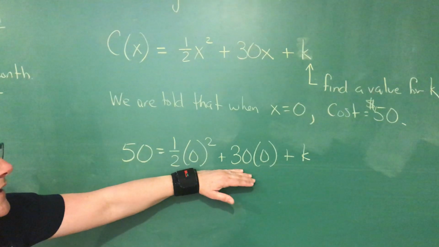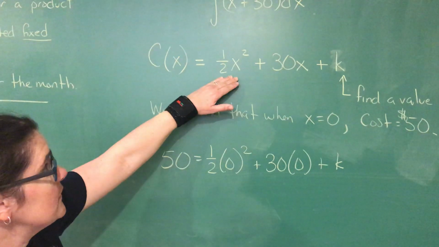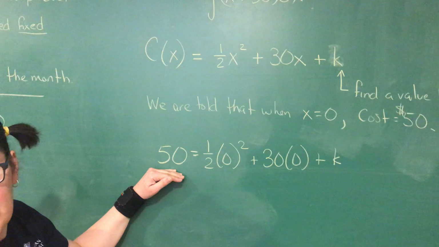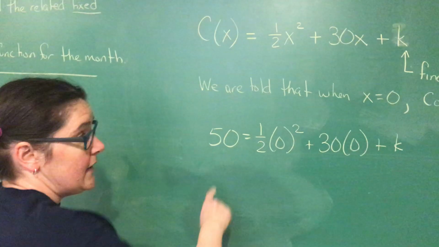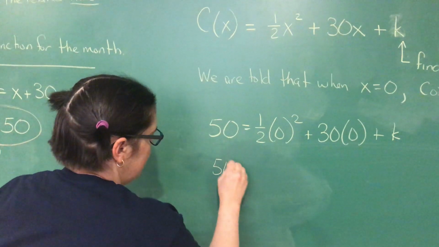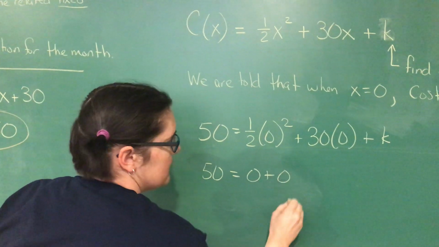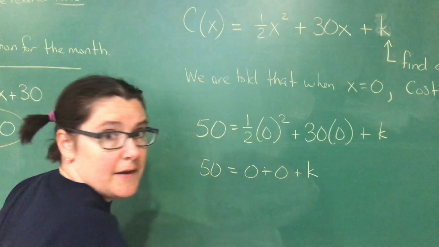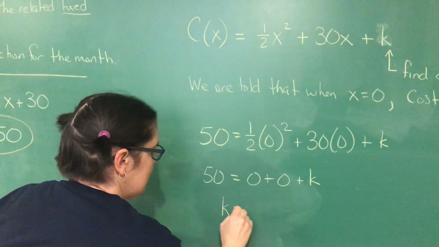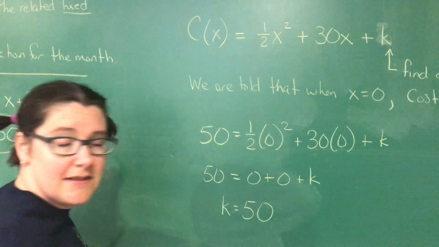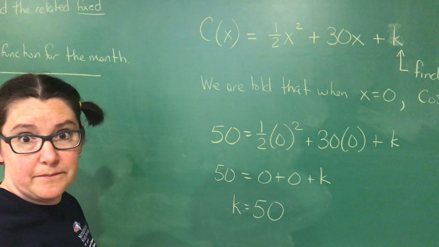Okay, so this says that when we plug 0 into our cost function, we'd better get out $50. Now, if I clean this up, what I have is that 50 is equal to 0 plus 30 times 0, which is 0, plus k. And that tells me that in this example, that plus k at the end is going to be 50.